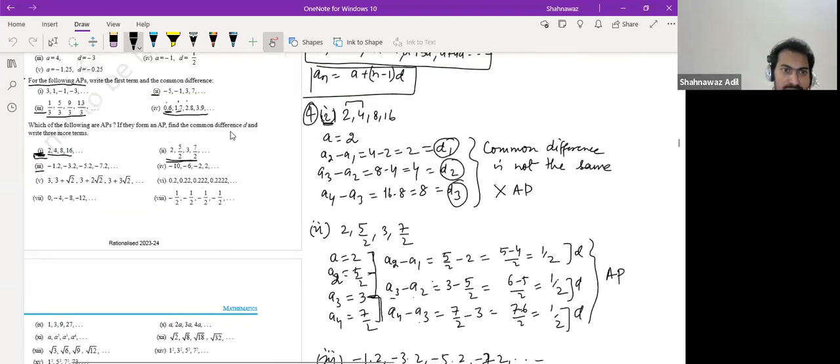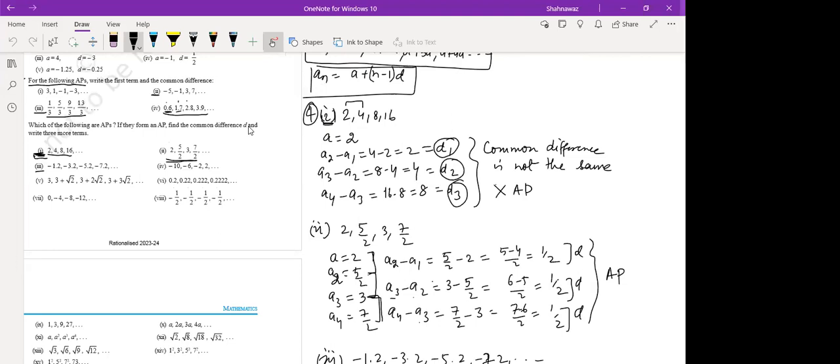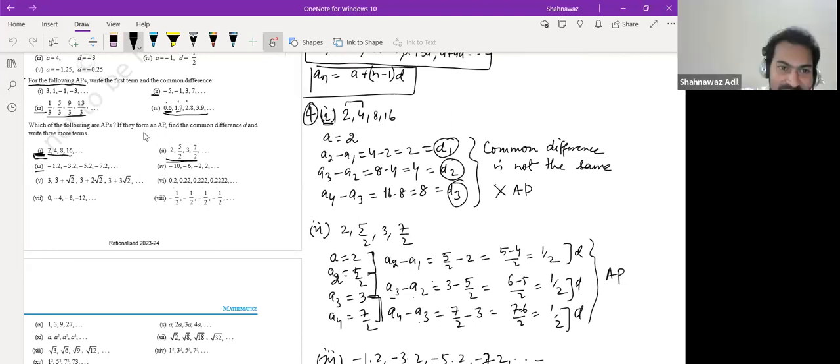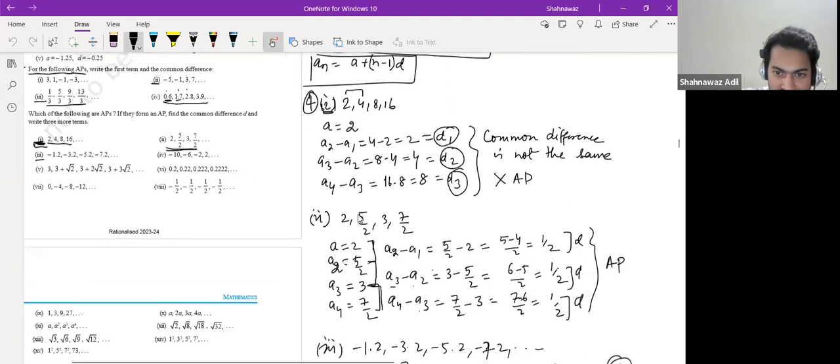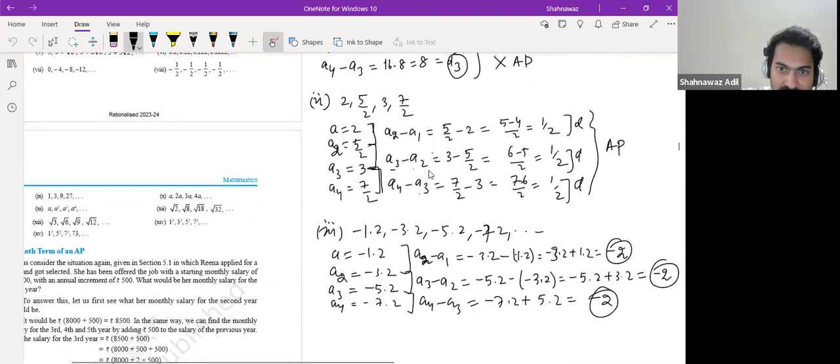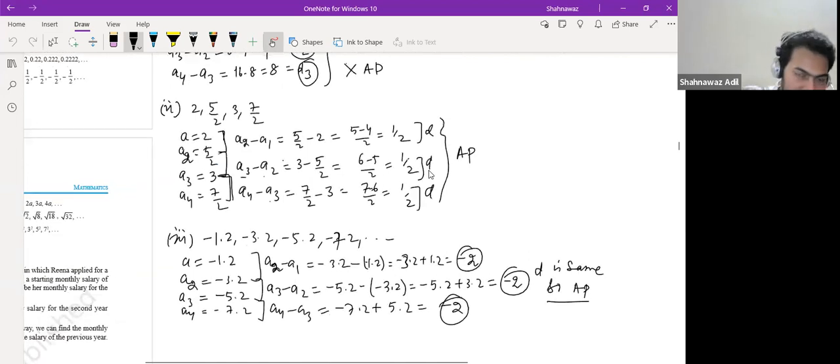So if they form an AP, we have to write three more terms. Yes, good, nice eyesight.